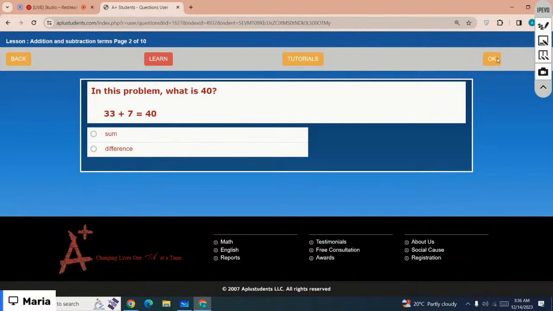The correct option is sum. When you are adding two numbers, the answer is always the sum.